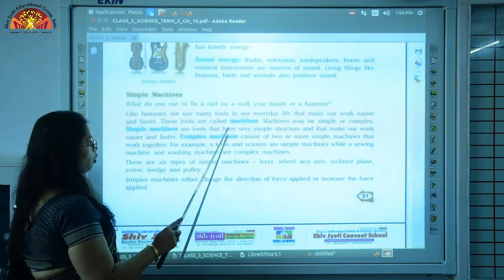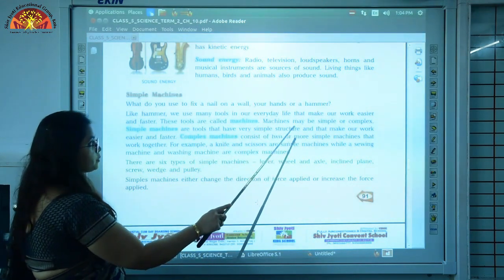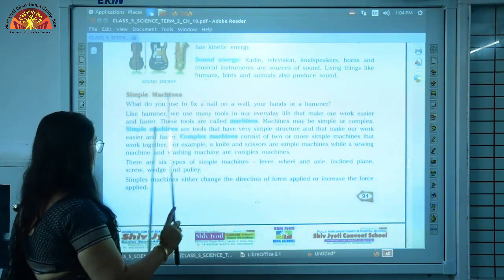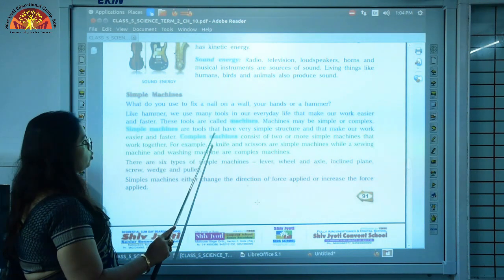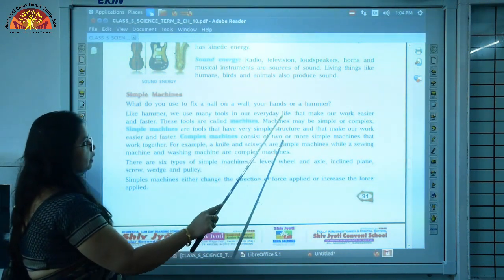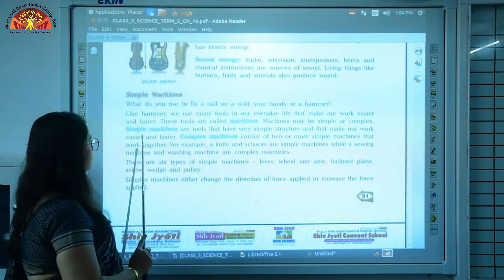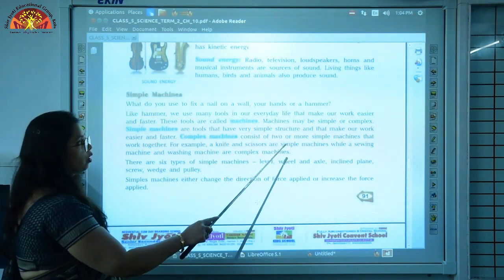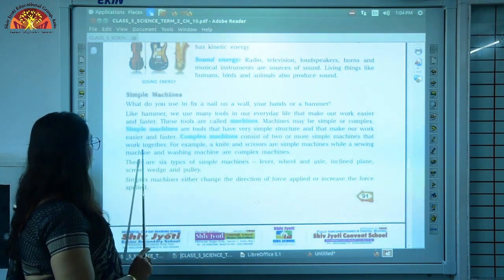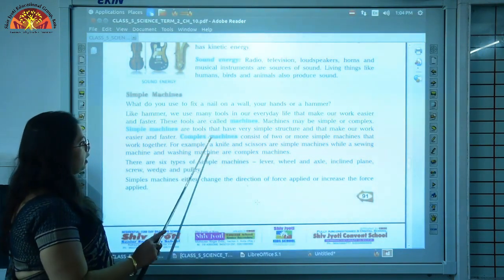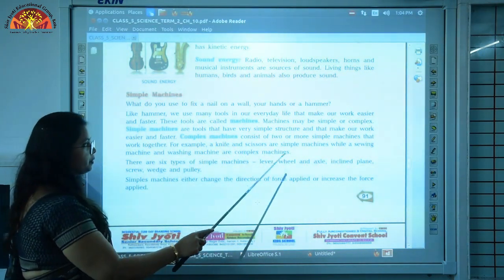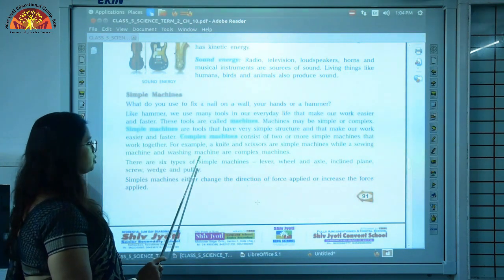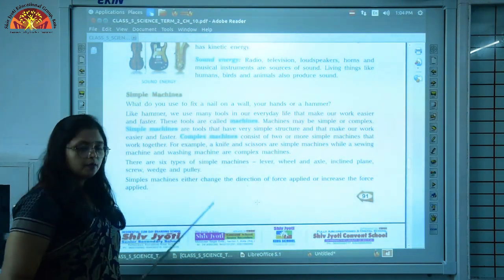These tools are called machines. Machines may be simple or complex. Simple machines are tools that have very simple structure and that make our work easier and faster. Complex machines consist of two or more simple machines that work together. For example, a knife and scissors are simple machines, while a sewing machine and washing machine are complex machines.